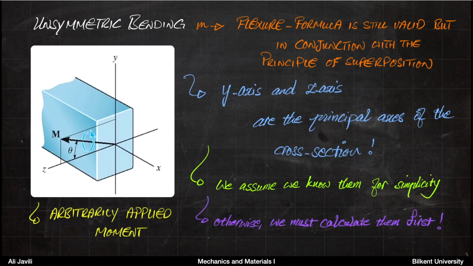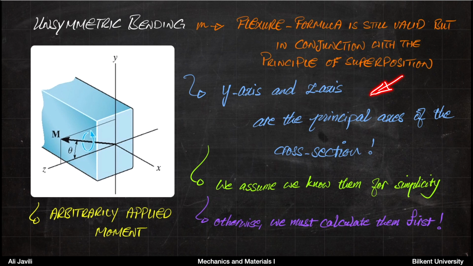So as I mentioned, you can think of two types of unsymmetric problem for bending. One is if the y-axis and z-axis are not the principal axes of the cross-section.